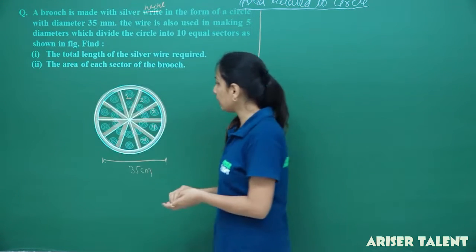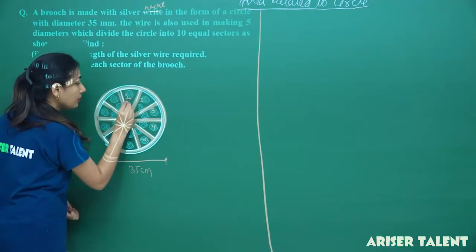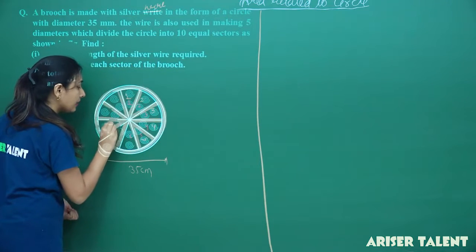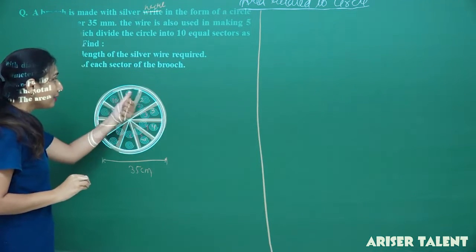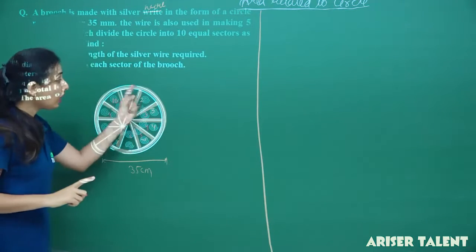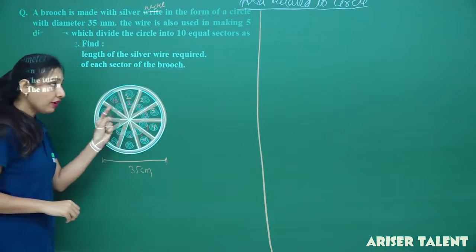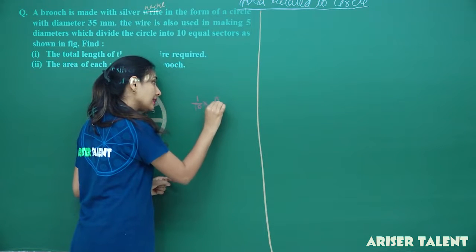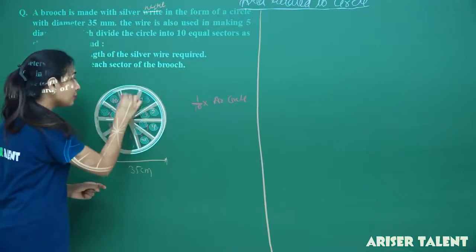These are 10 sectors. If you go with this sector only, you'll be fine. This is 1 sector, 2, 3, 4, 5, 6, 7, 8, 9, 10. You know the counting, right? So these 10 sectors make 1 circle. So the area of the complete circle, if I divide that by 10, can I get this portion's area?